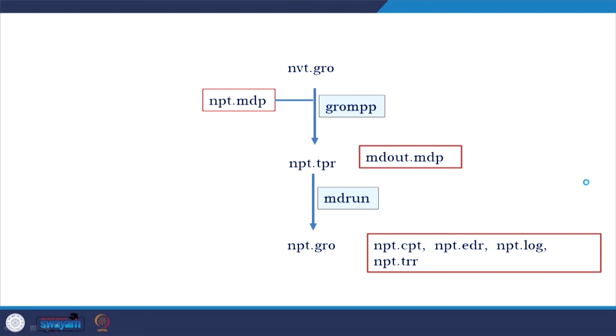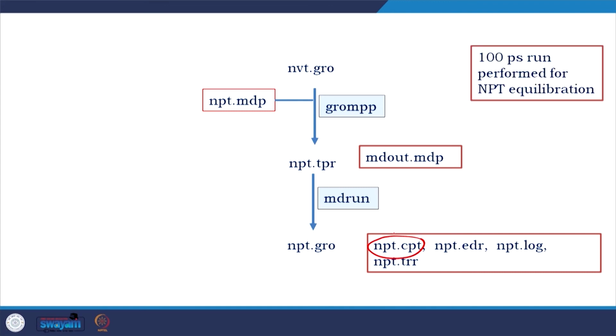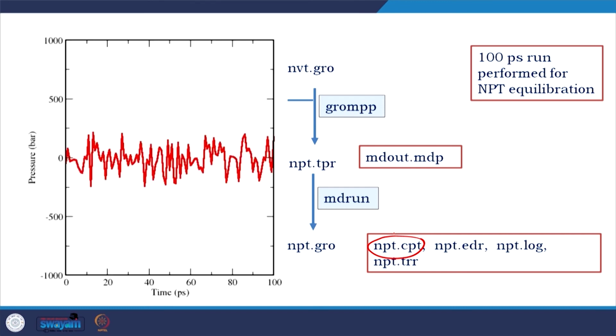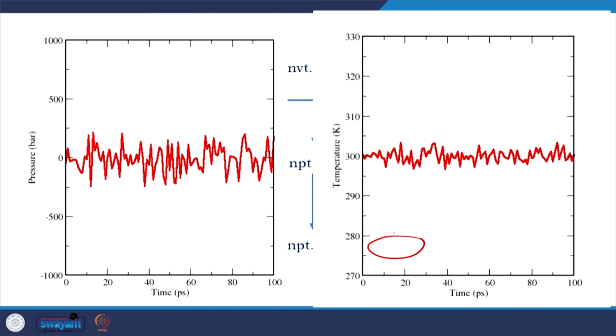So I talked about all those files except nvt.cpt, and I will talk about that. This is again a 100 picosecond run performed for NPT equilibration. So this is the curve you get when you plot pressure versus time. To compare, I put the other file, so you could see that this is NPT, this is NVT.